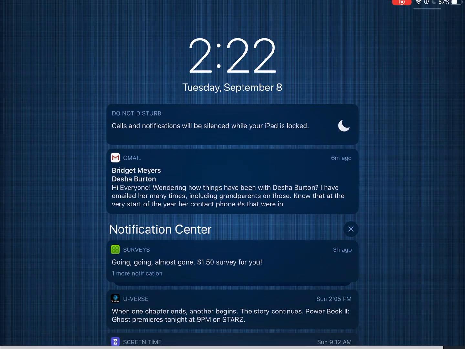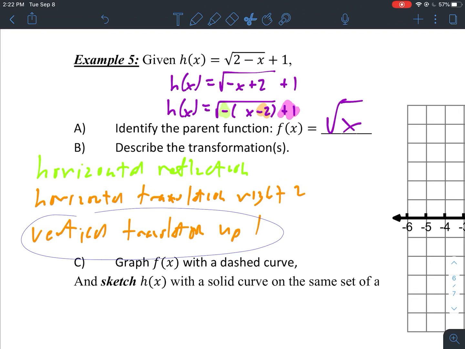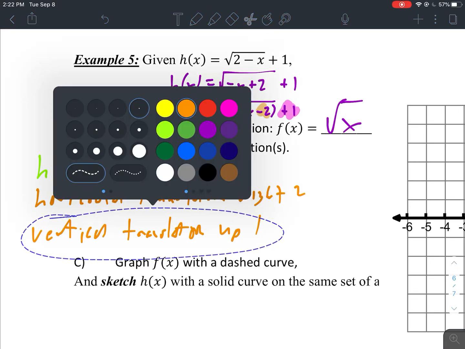That is going to move to the right 2. And then finally we have a vertical translation. And that's going to move up 1. I should have written that in pink to match my highlighter.